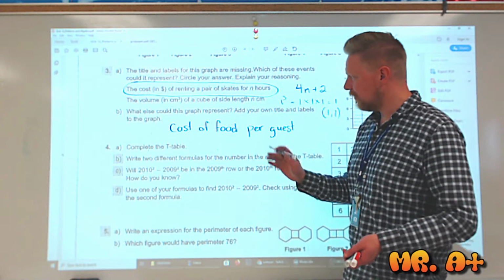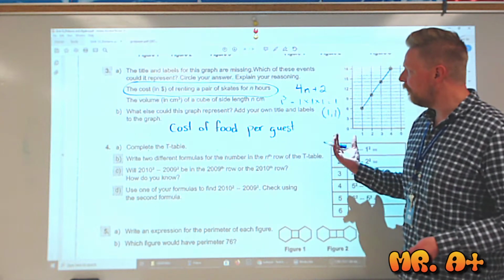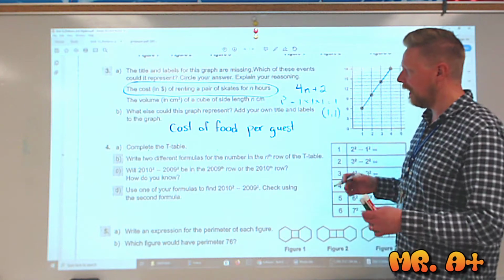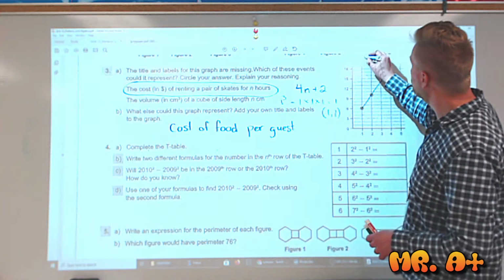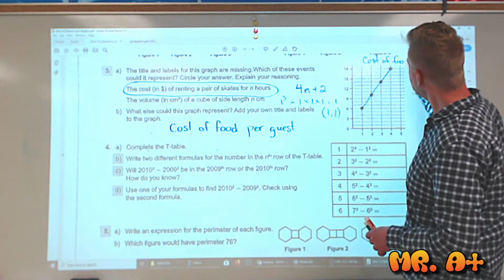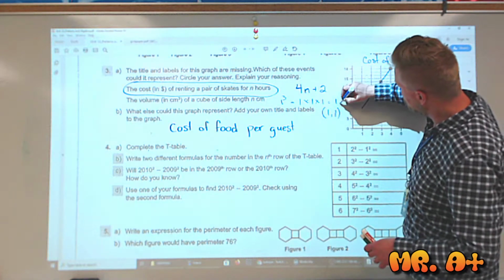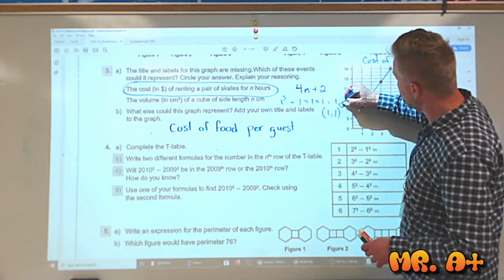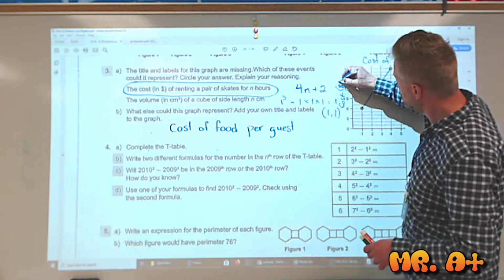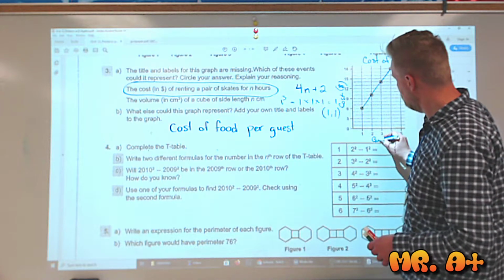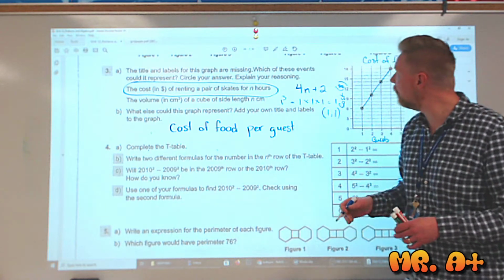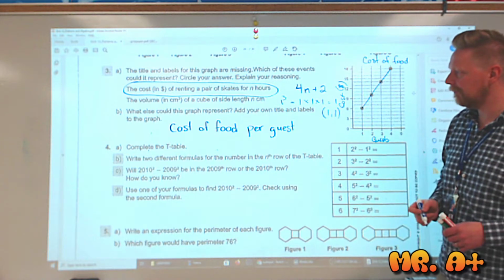So the cost of food is 4 times the number of guests plus 2. That would work. So I'd have cost of food here, and this is the cost in dollars, and this is the guests. All right, there I've got my graph labeled.